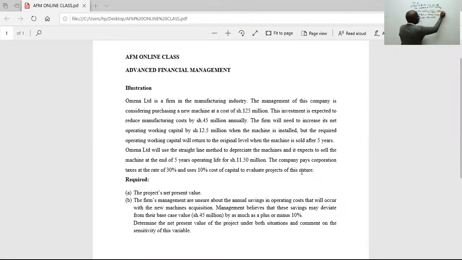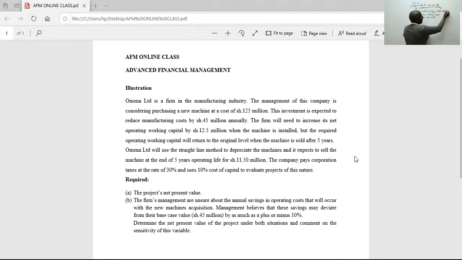Plus, now this machine cannot operate by itself. We need some working capital investment. For instance, we need to put in some inventories. We need to tie some money up as a result of this machine. And they have told us that the working capital, ladies and gentlemen, which has to be introduced is 12.5.